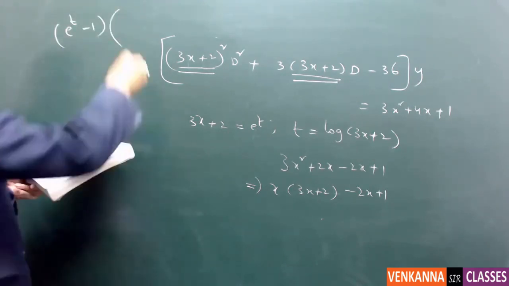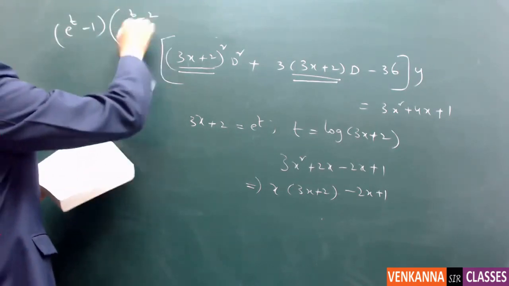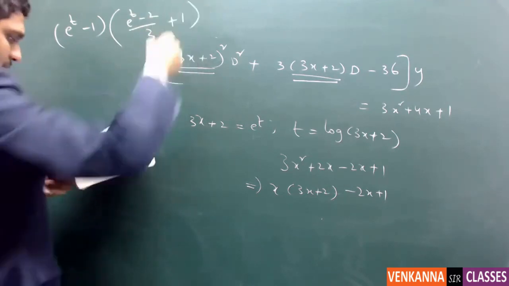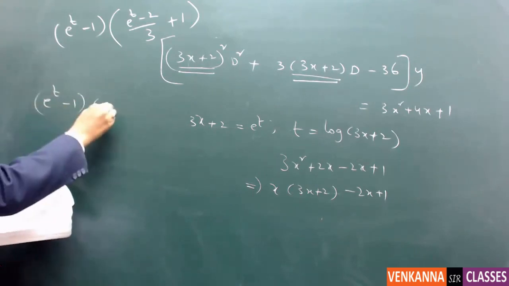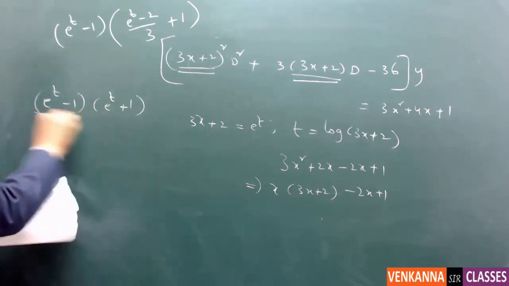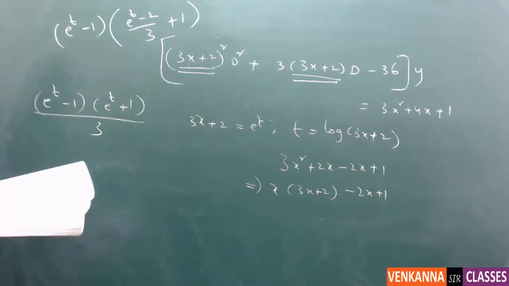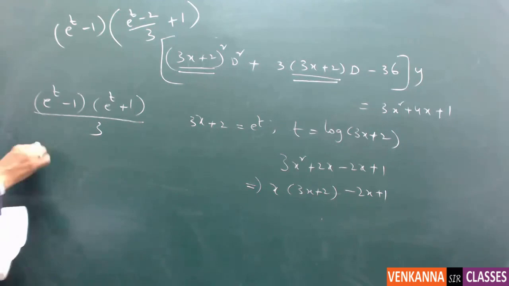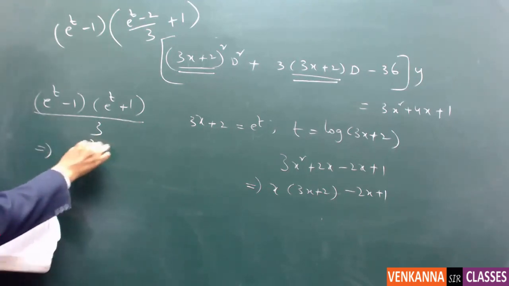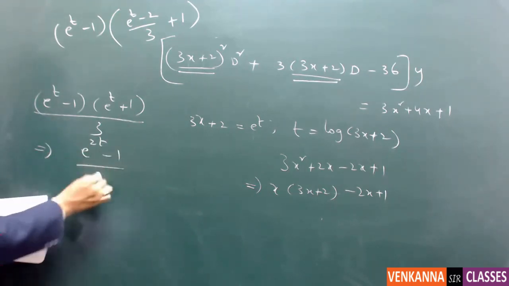e power t minus 1 into e power t minus 2 by 3 plus 1. In a simplified manner, e power t minus 1 into e power t plus 1 by 3. At the end, the answer is e power 2t minus 1 by 27.